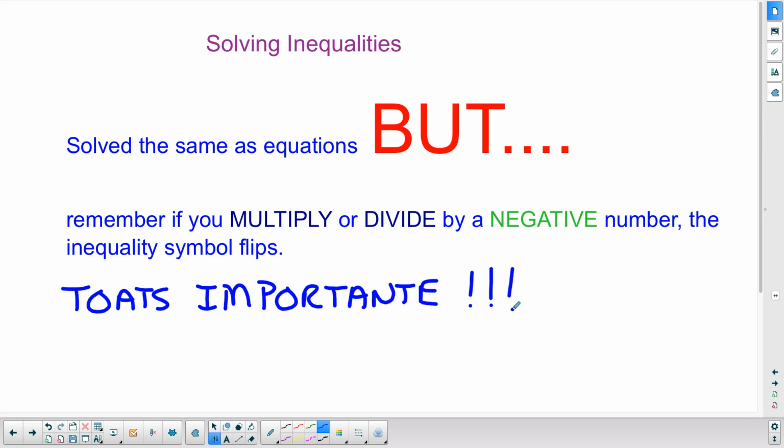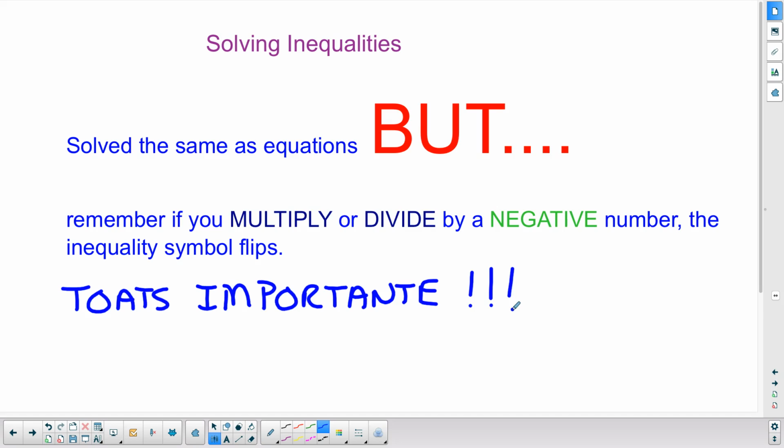That's a 3 exclamation point, totes importante. Okay? Some might even say hashtag know this. Okay? Right? Put that one in long-term memory. Okay?